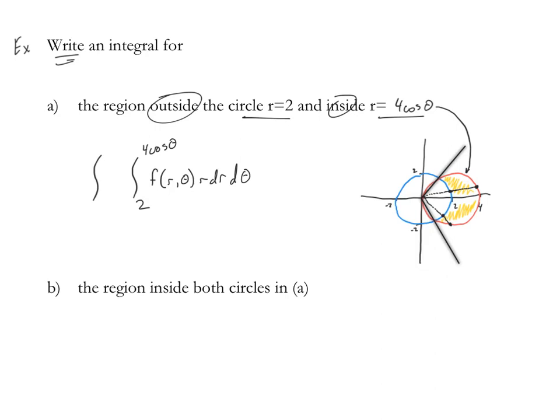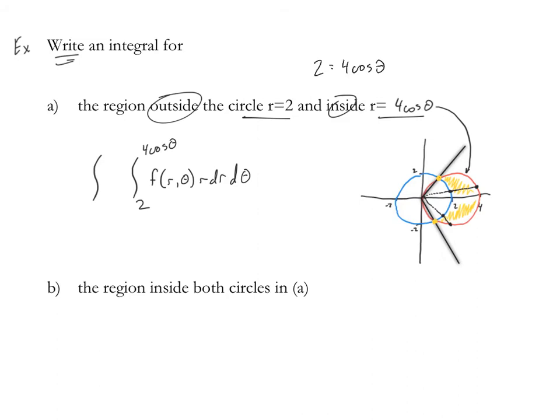Okay, so the yellow shaded region is trapped between those two angles.